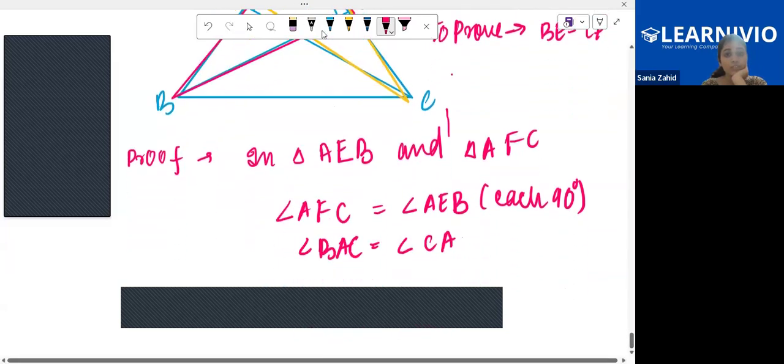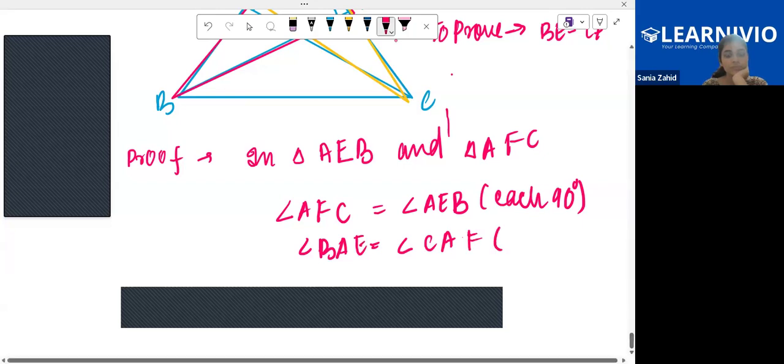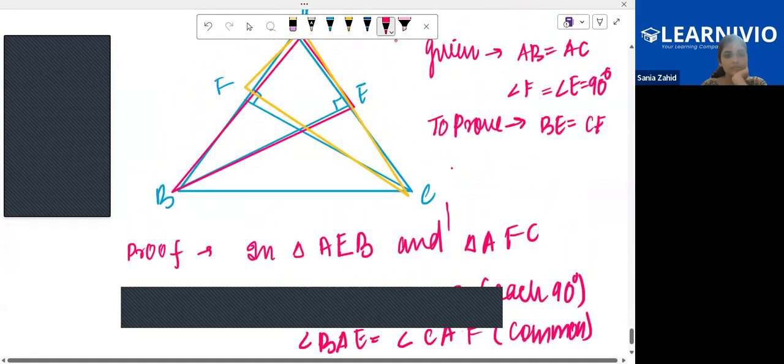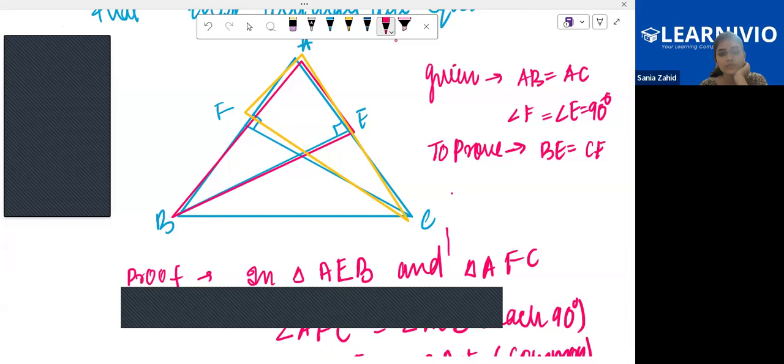And ma'am, for angle ABF, can I add the common B for both triangles? I'm not able to understand, what are you saying, Afsheen?